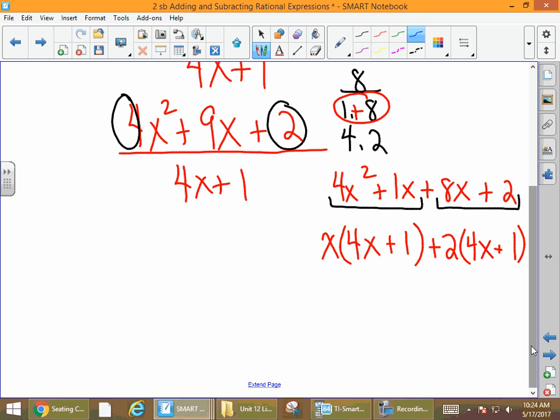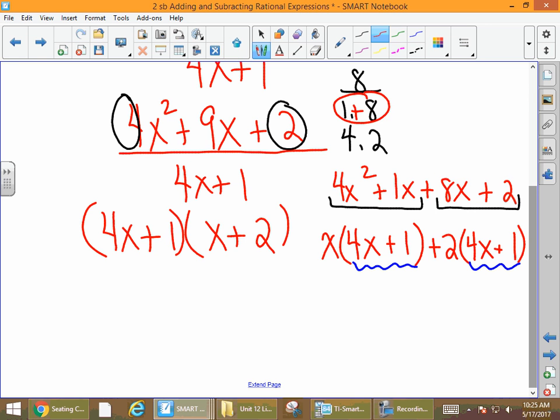And now we've gotten this far enough that we can rewrite 4x squared plus 9x plus 2 as 4x plus 1 times our singles here, x plus 2. And that's still all divided by 4x plus 1.